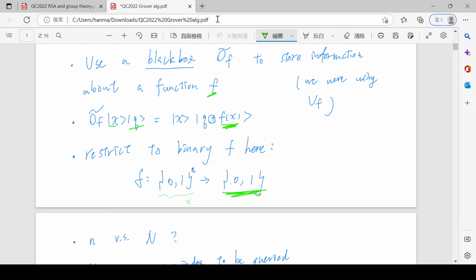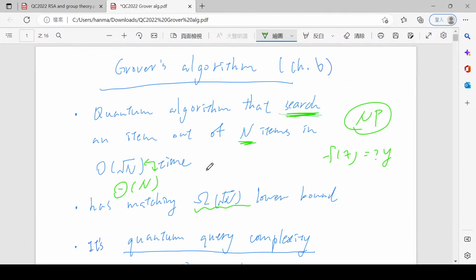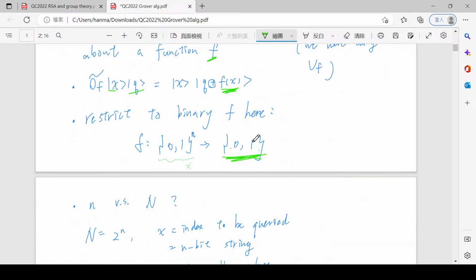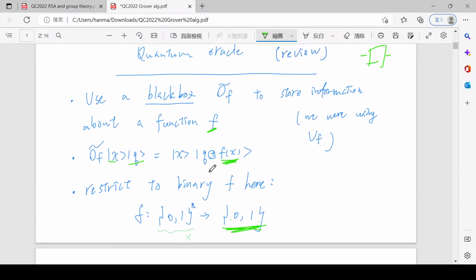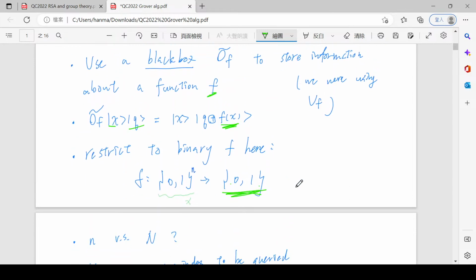But for search, being restricted to binary is perfectly fine, because basically the only meaningful information you get from your Oracle is whether you hit the marked item or not. So you can just say if you hit the marked item, then the result is 1. If you don't hit the marked item, the result is 0. So we just restrict the function related to the Oracle to this binary function, 0 or 1.